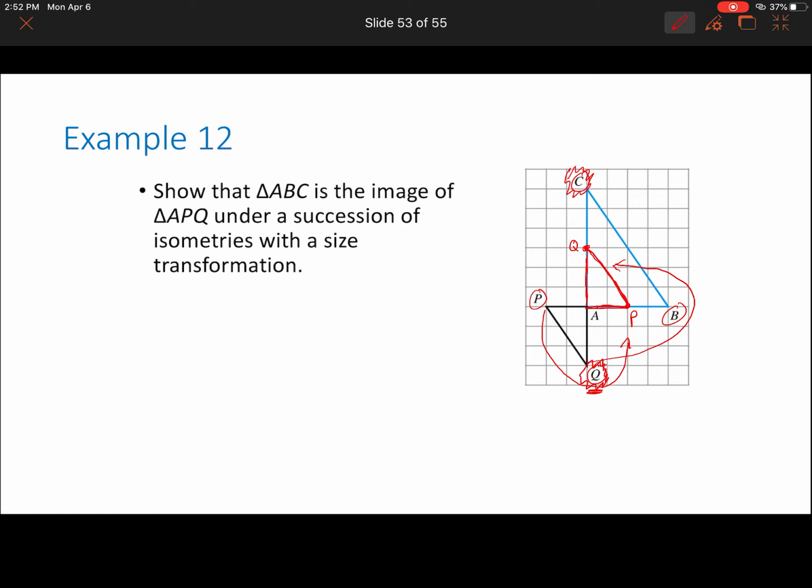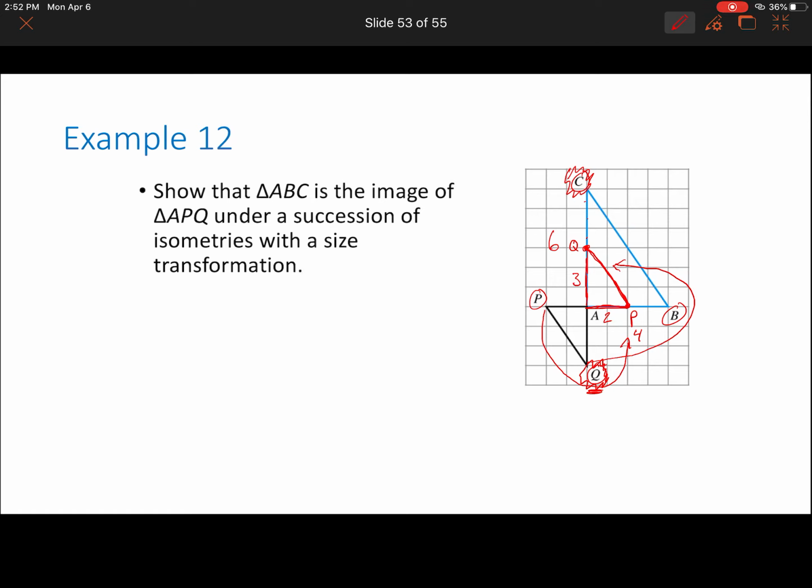And then we would want to take that and expand it, the size transformation, when we blow it up. And each side length is changing. So this is 3 units, and then 4, 5, 6 units. And then same thing with AP, it's 2 units, and then AB is 4 units. And so each of those side lengths are going to expand to double their length.